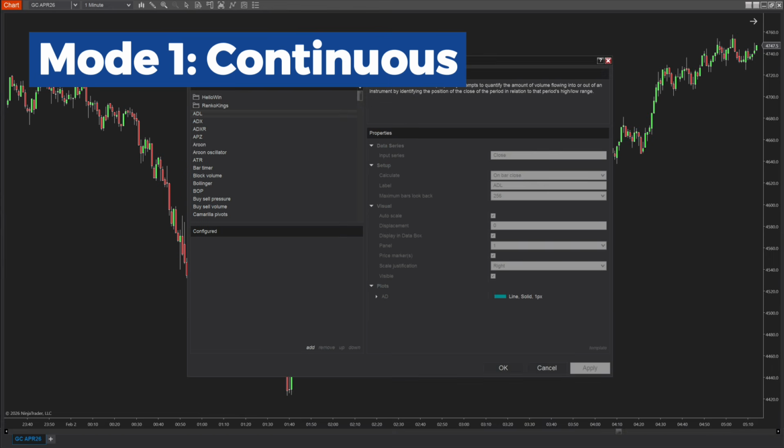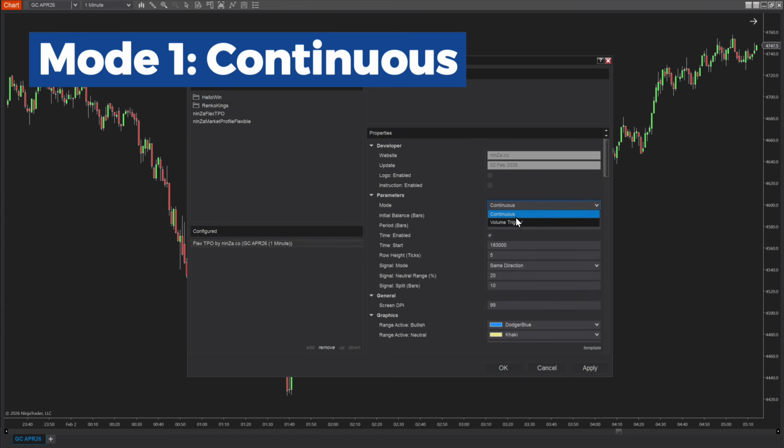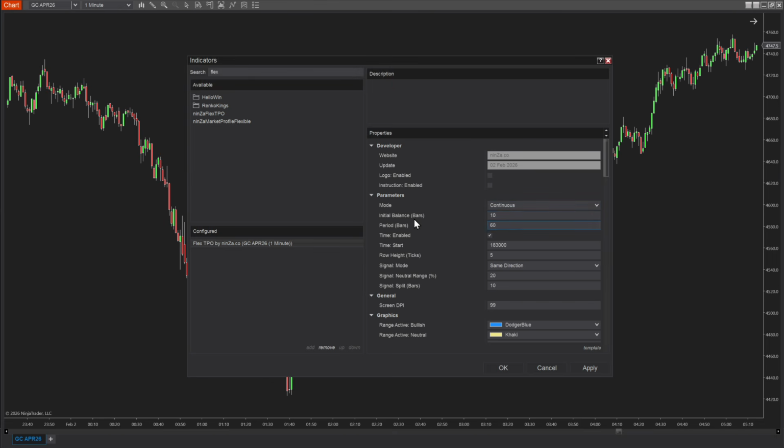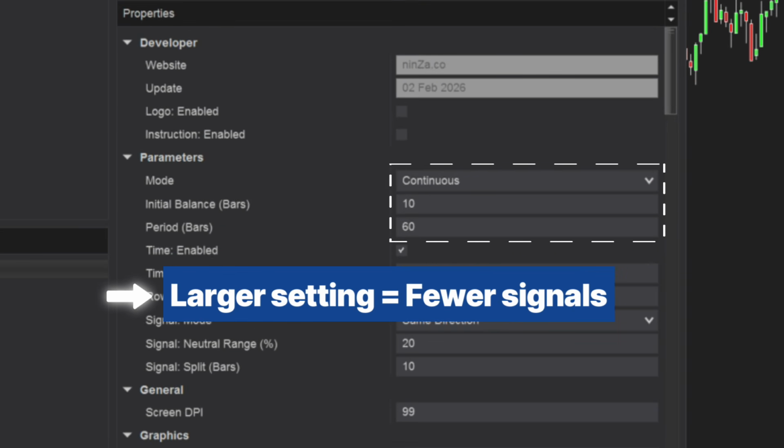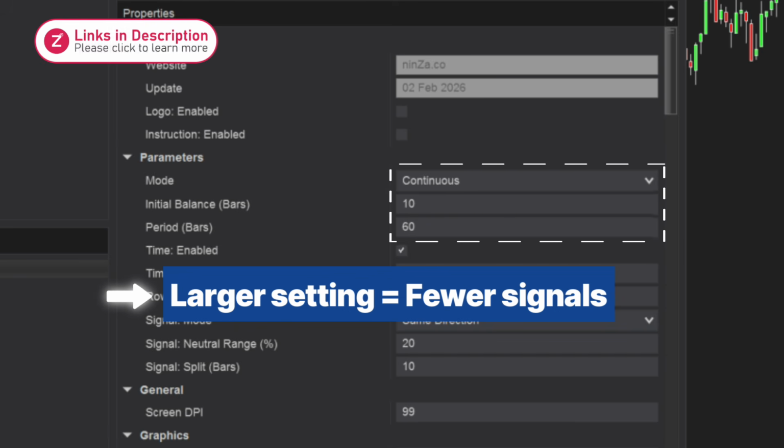Starting with Mode 1, Continuous, there are two key parameters we need to focus on: initial balance bars, and period bars. Initial balance is the parameter used to define the number of candles to determine the initial balance, and period is the number of candles used to define the length of a cycle. The larger these parameters, the fewer signals you get.